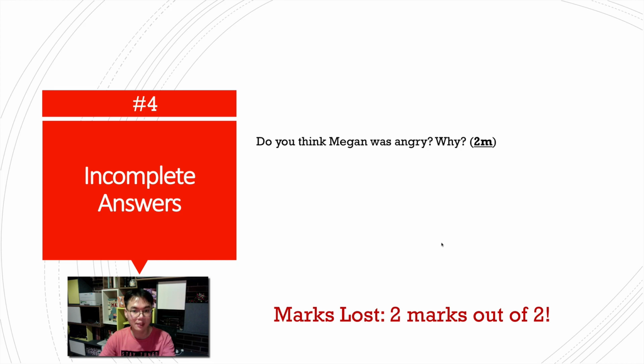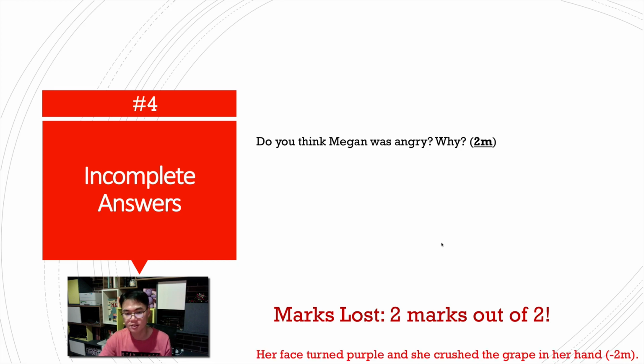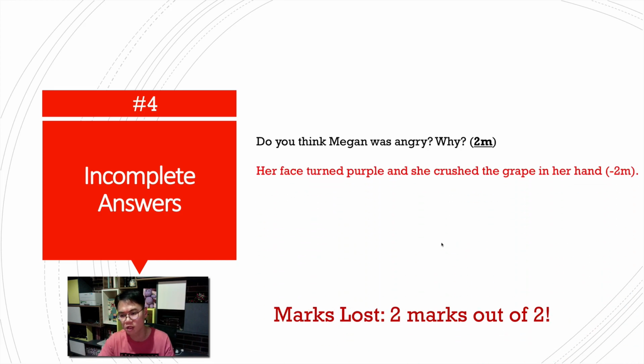All right, so let's look at the error answer. Her face turned purple and she crushed the grape in her hand. Right, so this is the correct reason that supports the fact that Megan was angry, but notice the missing yes or no. Again, all of this is worth 0 marks. That's how serious it is.